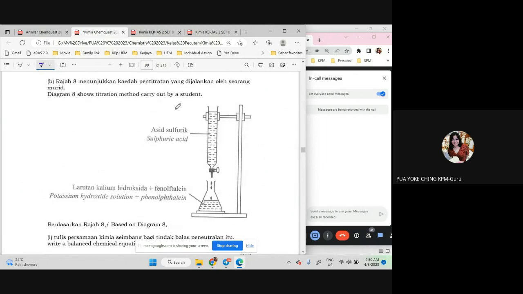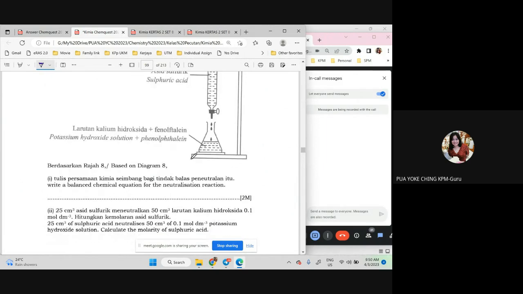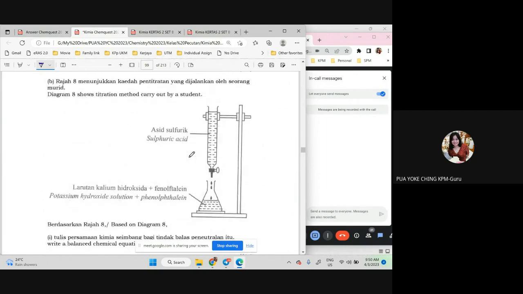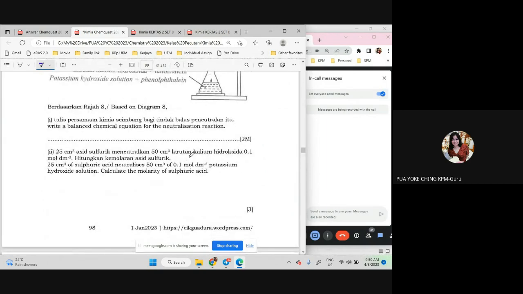Okay, so this is the titrations, which is the same as just now. So if this one, then you will use the formula lah. So make sure you write a chemical equation, a balanced chemical equation. So for sulfuric acid is H2SO4 plus KOH produce K2SO4 plus H2O. Balance equation, you have 2 KOH here. So you have acid sulfate neutralizing potassium hydroxide. So dia nak cari acid sulfate.